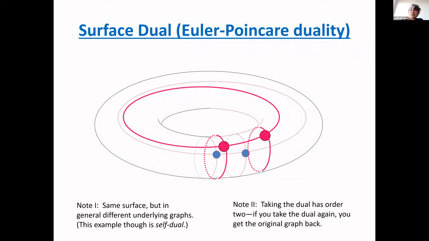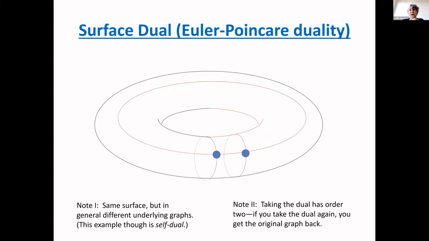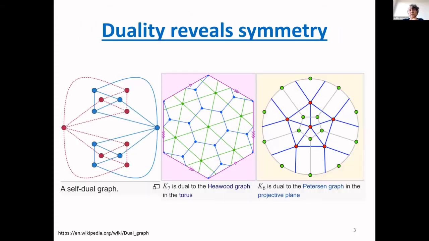This particular example, though, is self-dual. The original graph and the dual are the same graph. Right here, that clearly isn't the case. On the right, the Petersen graph is not K6. They're just duals of each other in the projective plane.